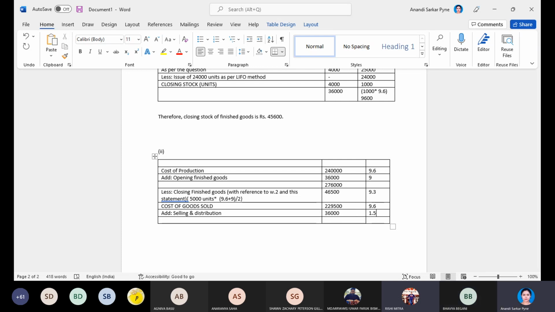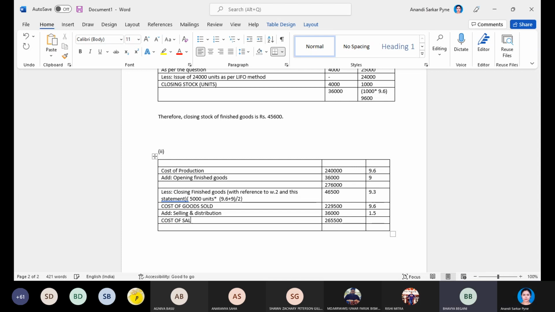So if we add 2,29,500 plus 36,000, we are getting 2,65,500. So this is our cost of sales.